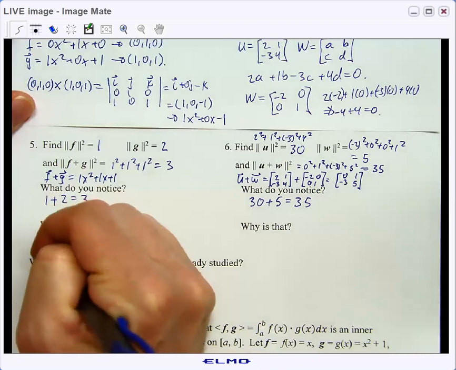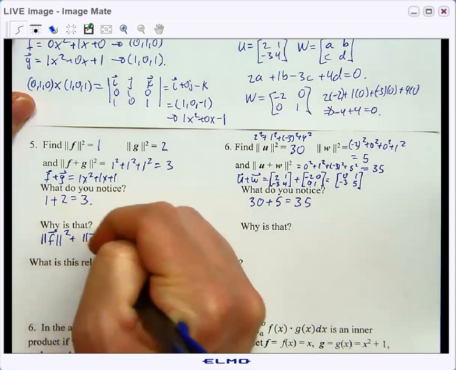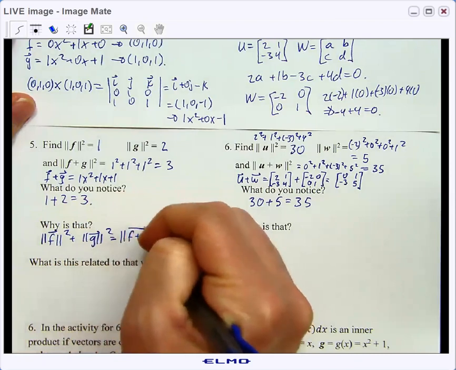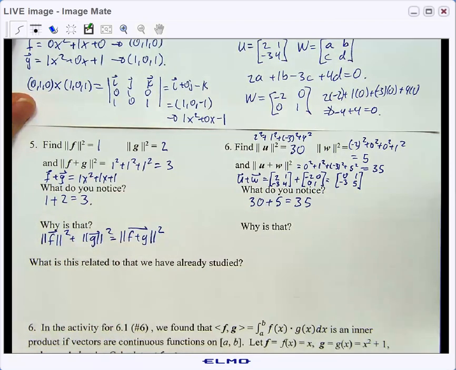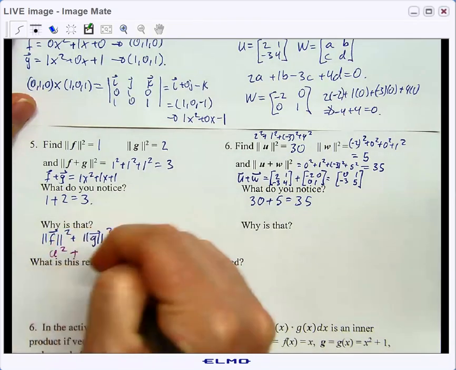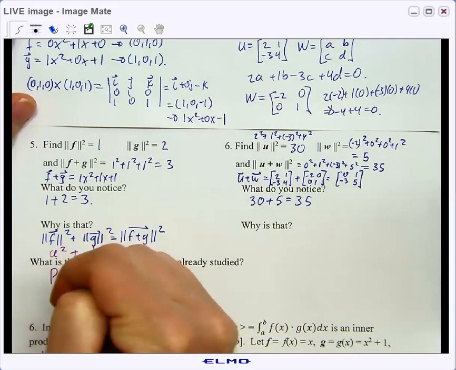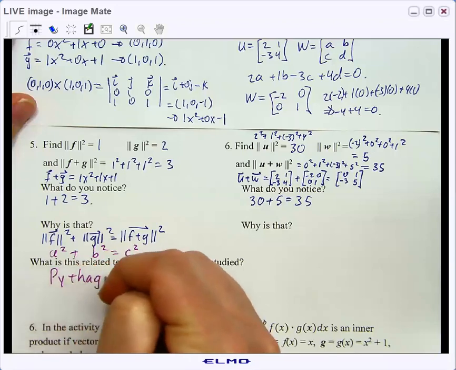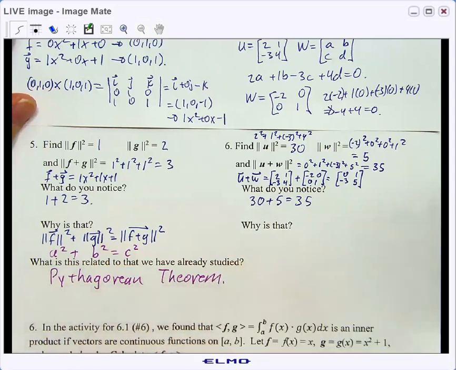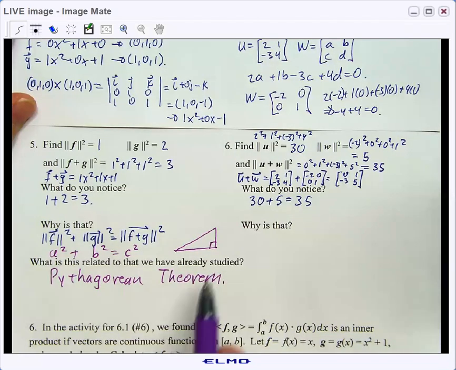Let me remind ourselves that we've got the magnitude of f squared plus the magnitude of g squared equals the magnitude of f plus g, all squared. Hopefully you recognize this as something you've seen a lot before: a squared plus b squared equals c squared. That is just the Pythagorean theorem. Notice that the Pythagorean theorem works on right triangles and only right triangles, so if they have a 90-degree angle.